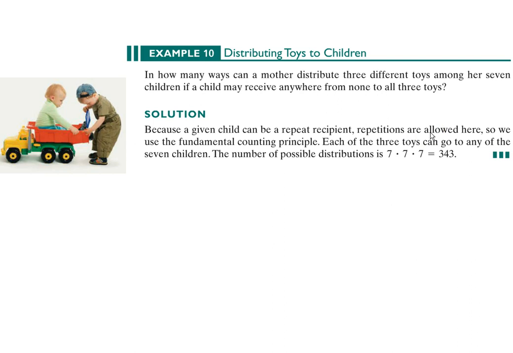So for this, we would use the fundamental counting principle, and it would be 7 times 7 times 7 ways those 3 toys can be distributed, which gives us 343.